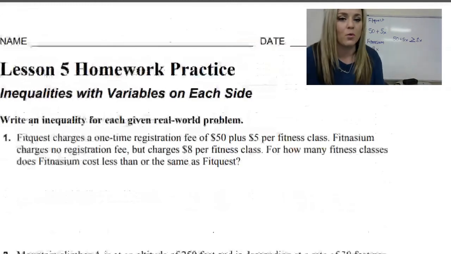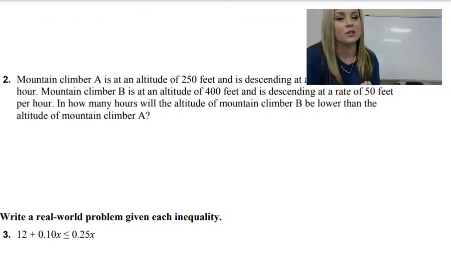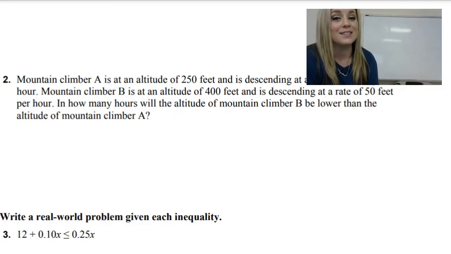We're going to do maybe one more. Go to number 2. This is going to be our last example. Remember, if you have a question, I really need you to ask because I can't read your mind. Number 2 says mountain climber A is at an altitude of 250 feet and is descending at a rate of 30 feet per hour.